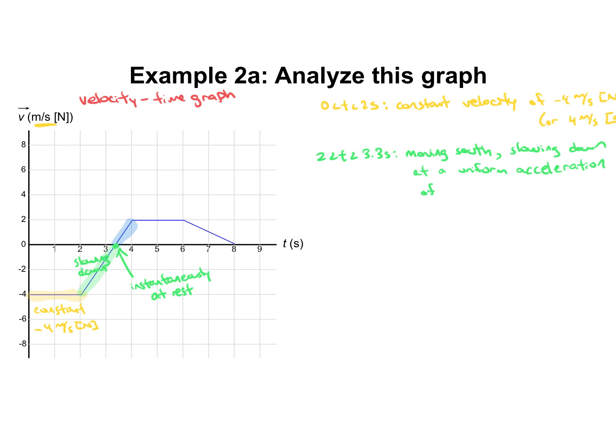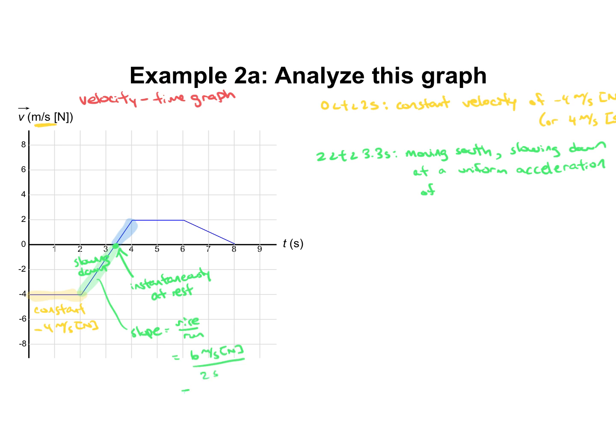Furthermore, I'm going to calculate the number by calculating the slope. So slope is rise over run. Now the slope, I'm actually going to use the whole segment from 2 to 4 seconds because it's a straight segment, so it's going to have the same slope. So the rise, it went from -4 to +2, so the rise would be 6 meters per second. And the run from 2 to 4 seconds is 2 seconds.